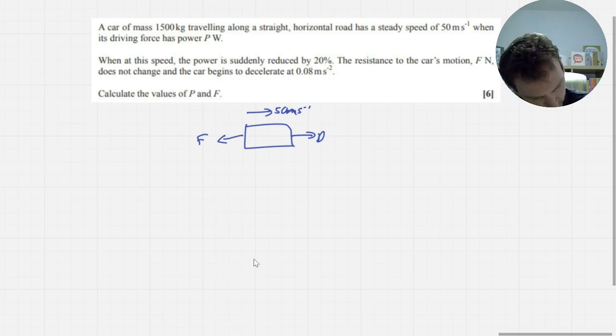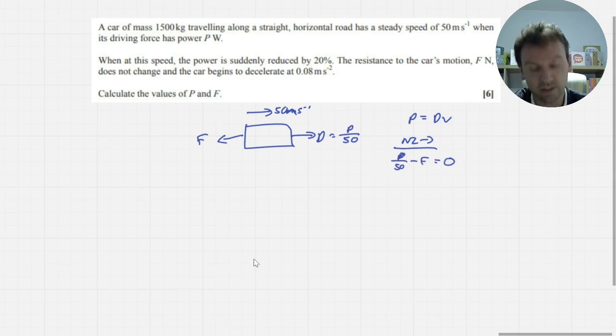So by rearranging power equals force times velocity, and in this case our force is our driving force, we're going to get the driving force is equal to power over velocity. So in this case, P over 50. And using Newton's second law to the right, because the acceleration is 0, we're just going to get P over 50 subtract F is equal to 0.